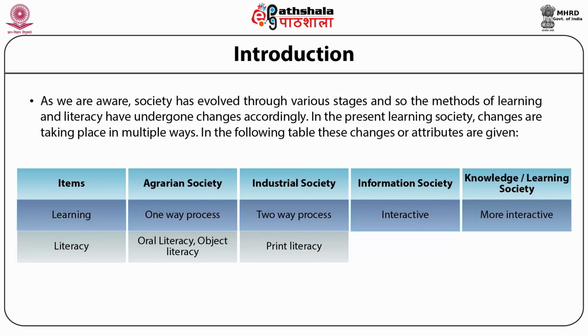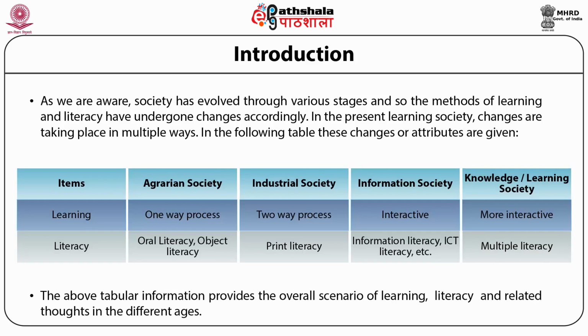In information society, it is information literacy, ICT literacy, etc. In knowledge or learning society, it is multiple literacy. The above tabular information provides the overall scenario of learning, literacy, and related thoughts in the different ages.